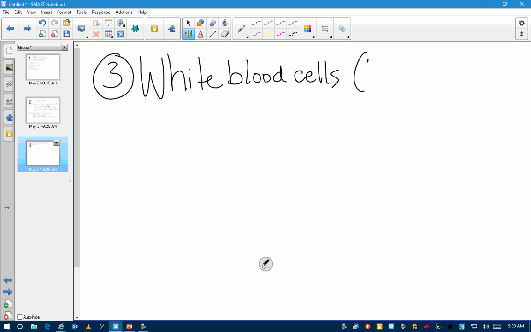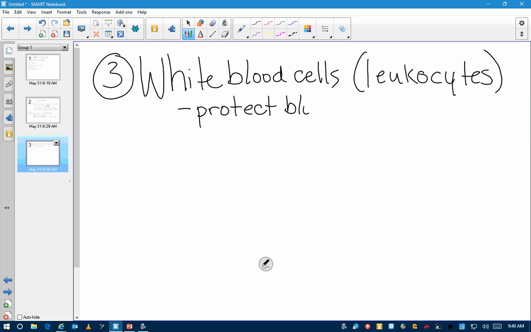So we'll get more into this in the immune system. We will do an entire class probably on these guys. So we'll leave a lot of that information for later, but we'll just say protect body from infection.